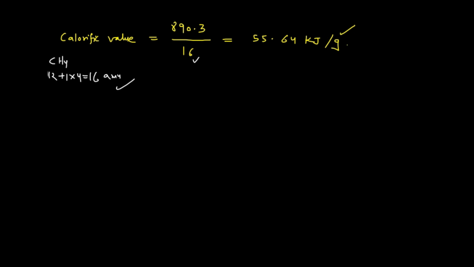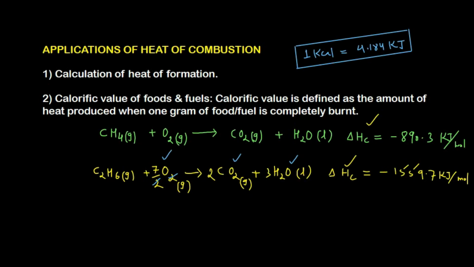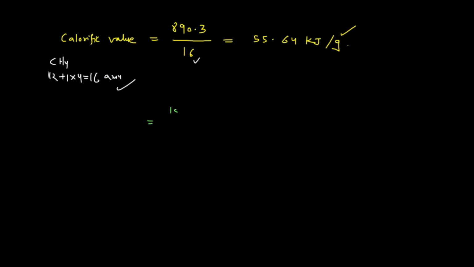Now we have converted this from per mole to per gram, and the same thing you can do for ethane. For ethane, the value was 1559.7, so I am writing 1559.7, and the molecular weight of ethane, C2H6, is carbon 12 times 2 plus hydrogen 1 times 6, which gives you 30 AMU.